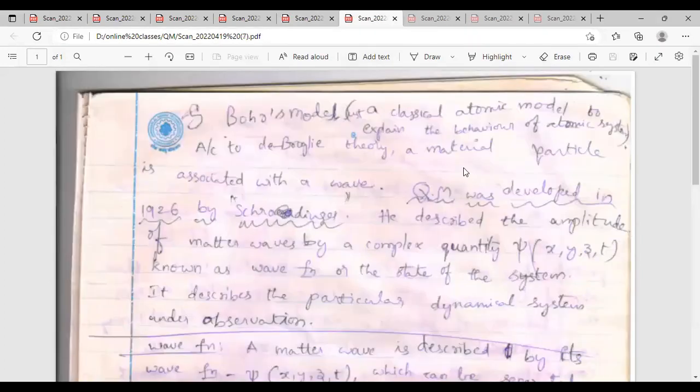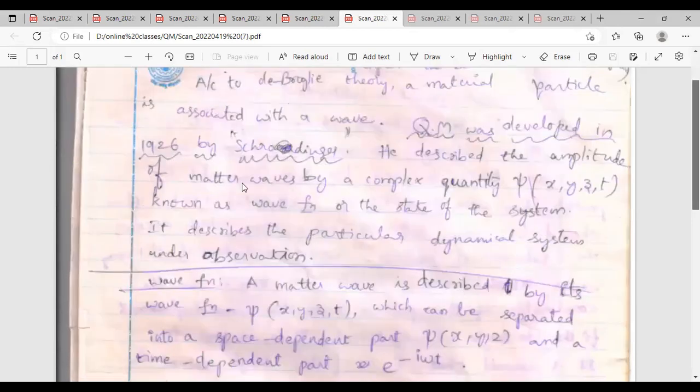Bohr's model is a classical atomic model to explain the behavior of atomic systems. According to de Broglie theory, a material particle is associated with a wave. Quantum mechanics was developed in 1926 by Schrödinger.